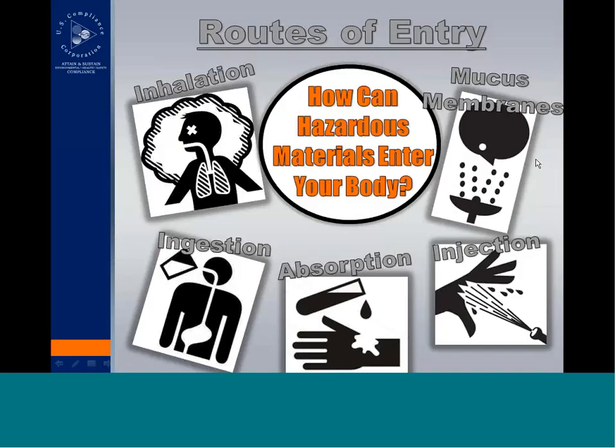The next route of entry is ingestion. Materials can be ingested typically one of two ways, one of which we already discussed when we found some sort of a chemical inside of a foodstuff container. Accidental ingestion, because we are improperly storing chemicals, can occur.